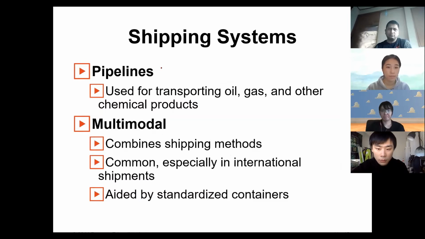There are pipelines between one country and another, transporting oil, especially from oil producing countries in the Middle East. So they use pipelines to transport oil, gas, and chemical products. But basically, most products and supply chains are multimodal.